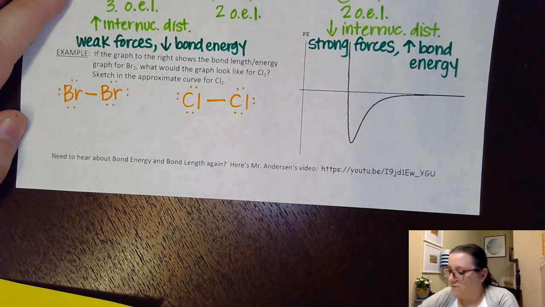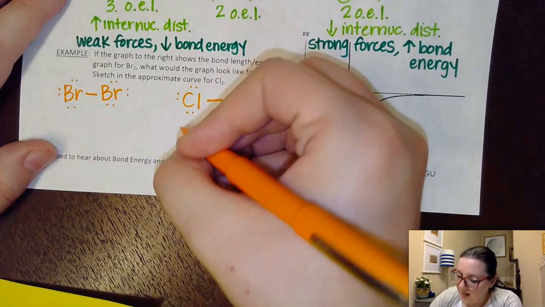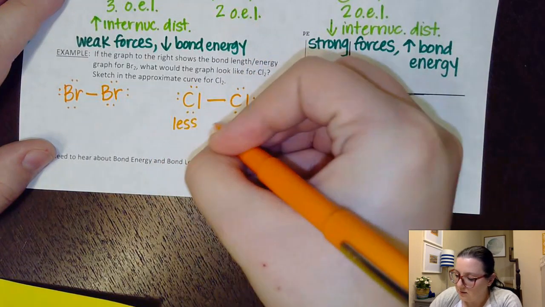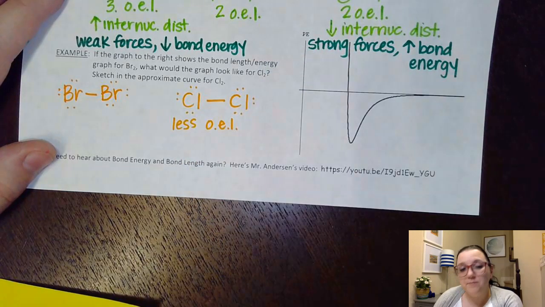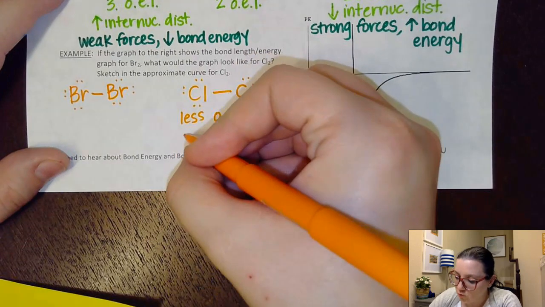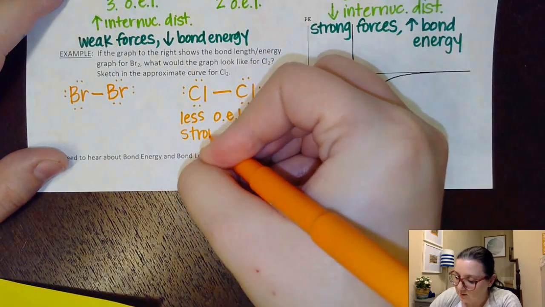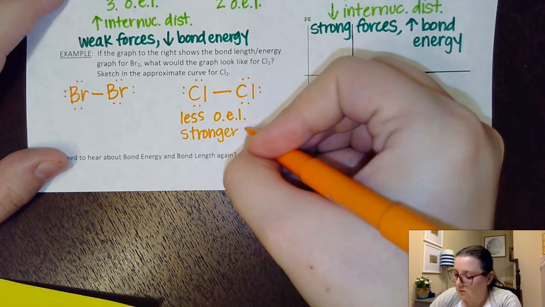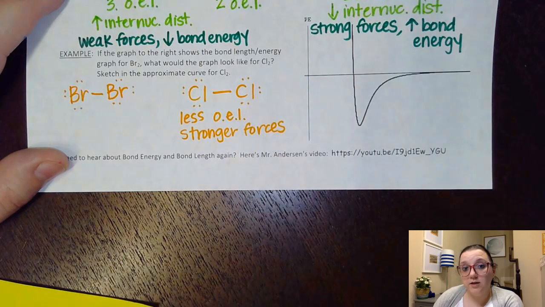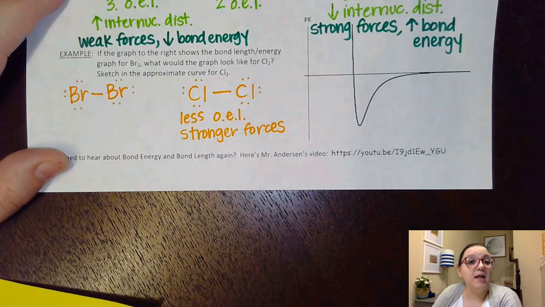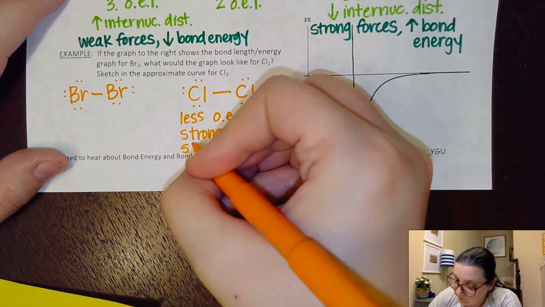So if chlorine here has less occupied energy levels to it, then that means it is going to have stronger forces. It's also going to have a bond length, an internuclear distance, that is shorter.